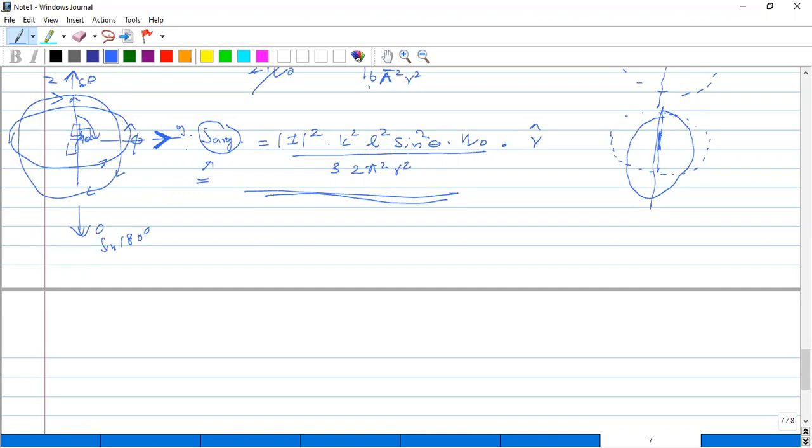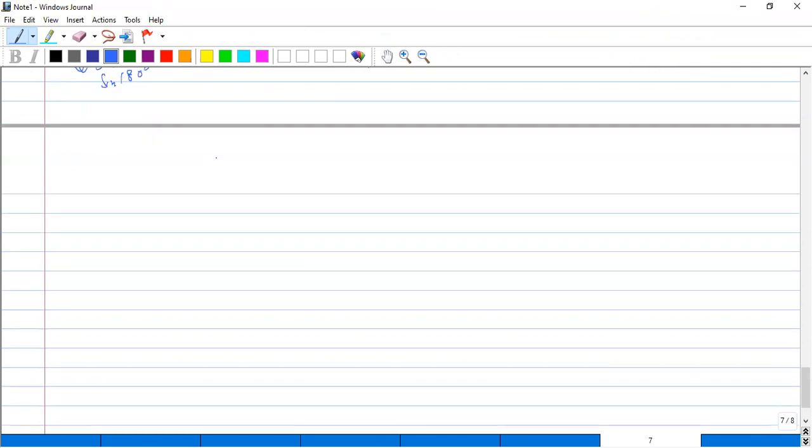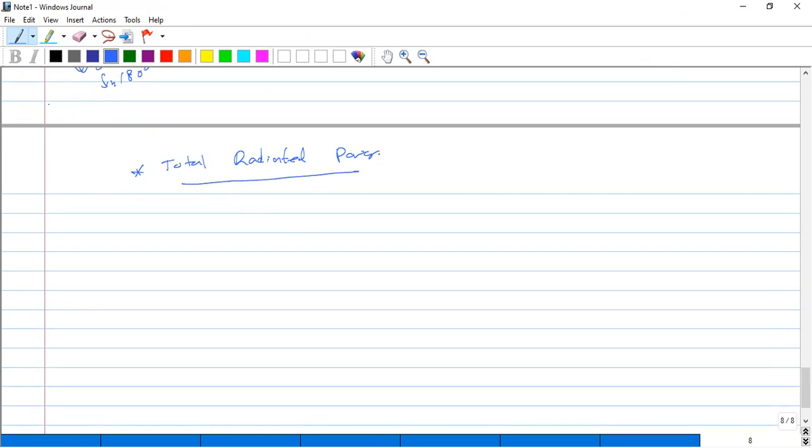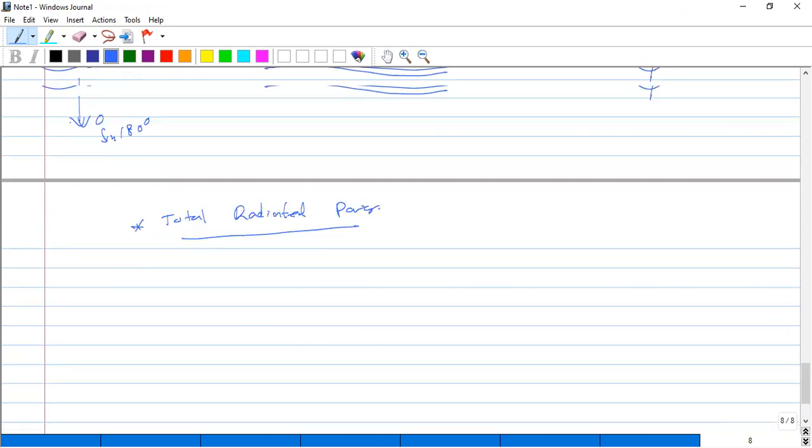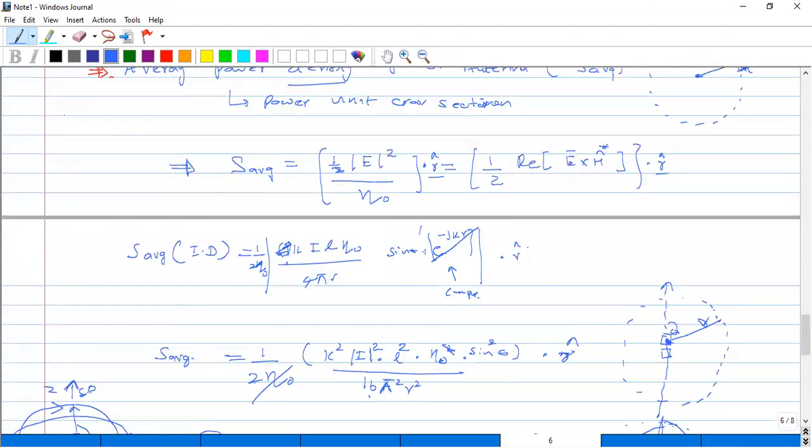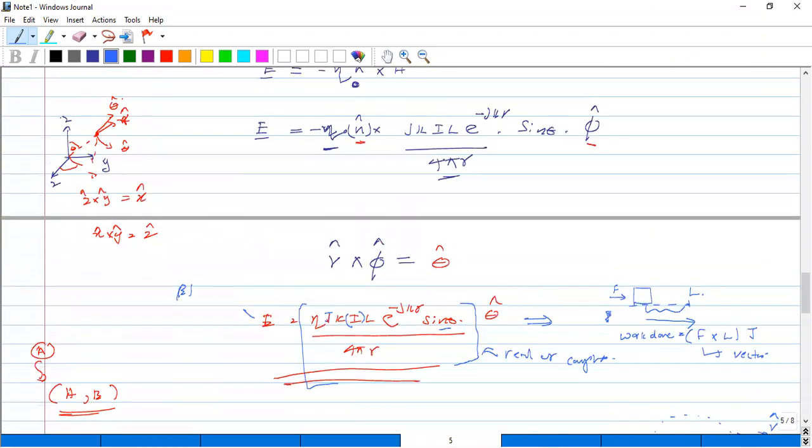Now this is another important parameter, which we call the total radiated power. So we have found the H field and the E field. Actually, the H field and E field we did not consider as parameters.